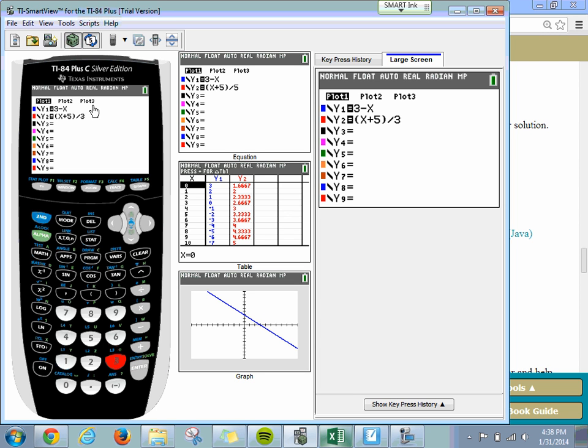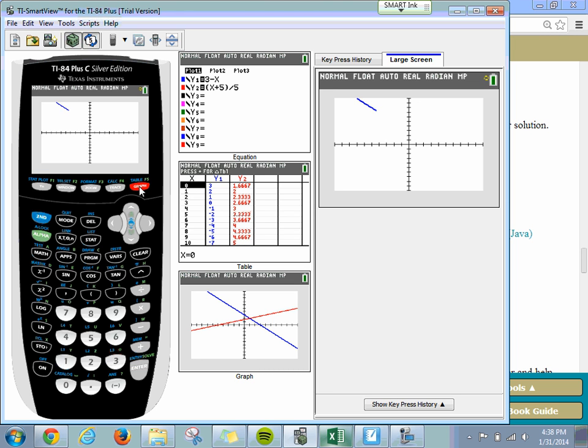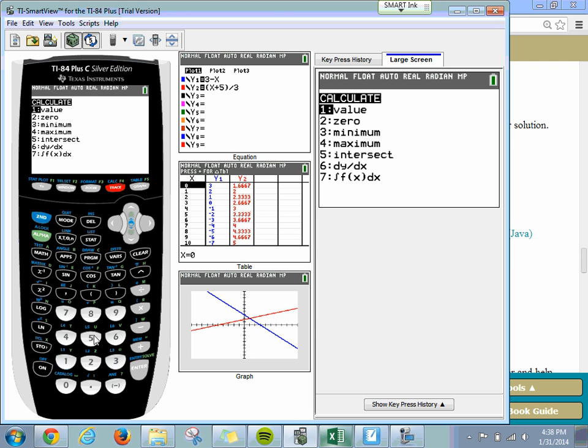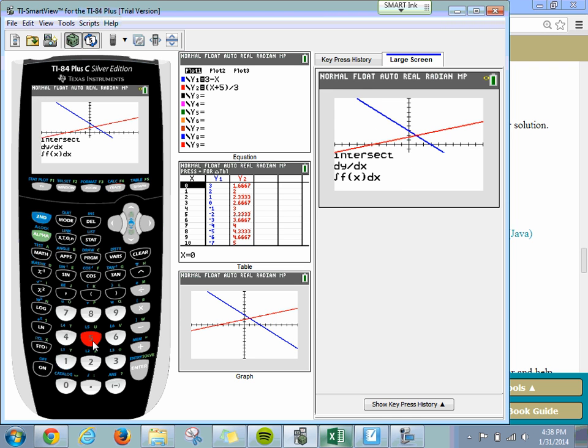So we have our two equations. The first one's going to be my blue line, and the second equation is going to be my red line. And we're going to be looking for that point of intersection. So when I graph them, there goes the first equation, and then the red will be our second equation. Looking for that point of intersection, your graphing calculator shows you how to do that. There's a calc function by hitting second and then trace. We're looking for the intersection point, which is option number 5.